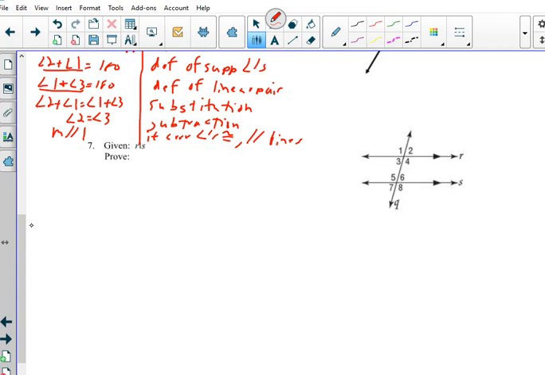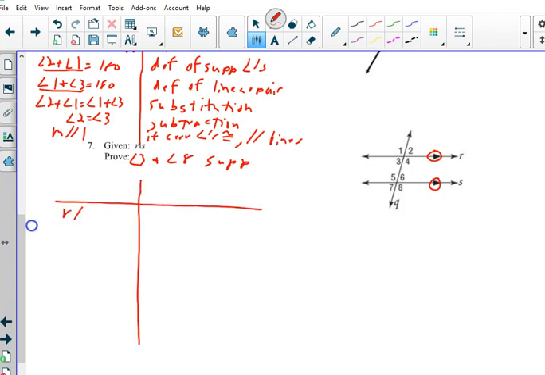Number 7. Again, we're just given that R is parallel to S. We're trying to prove that 3 and 8 are supplementary. Okay? Here we go. R is parallel to S, given, that's it.